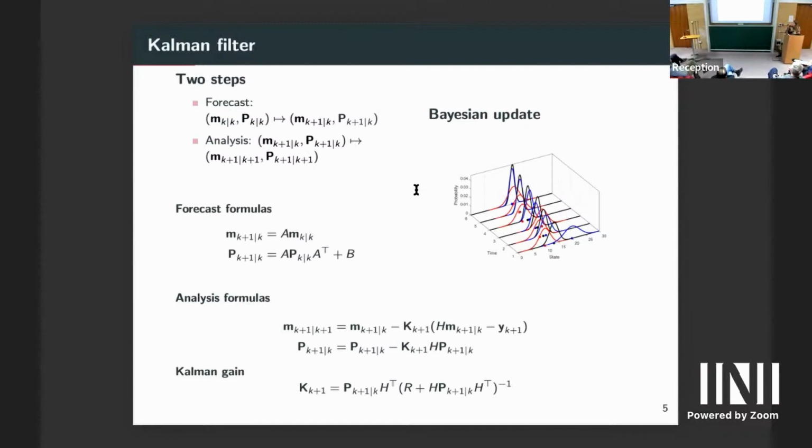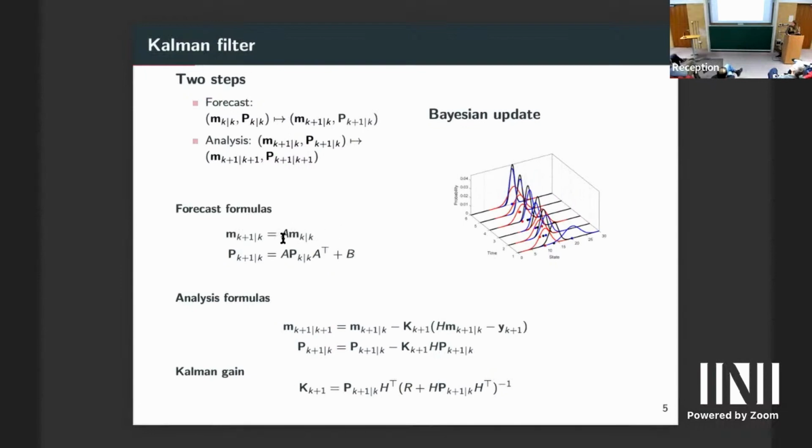The underlying idea is that you have a linear model and also a linear observation operator. Then everything becomes quite clear, because the filtering distribution is just a Gaussian. All you need to do is estimate the first two moments, the mean and the covariance, and there are formulas for this.